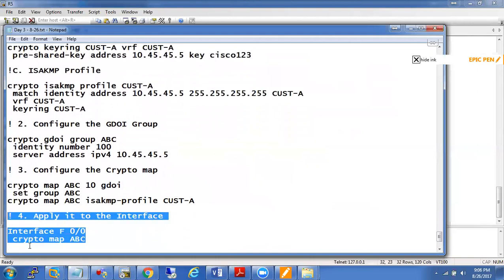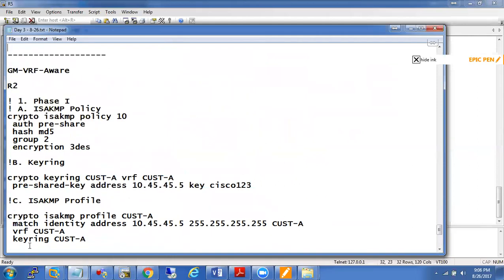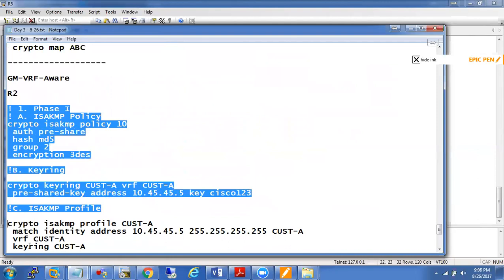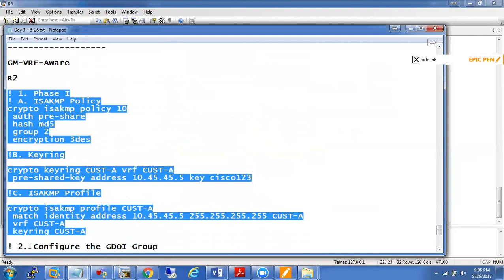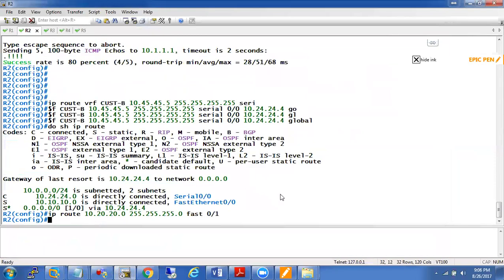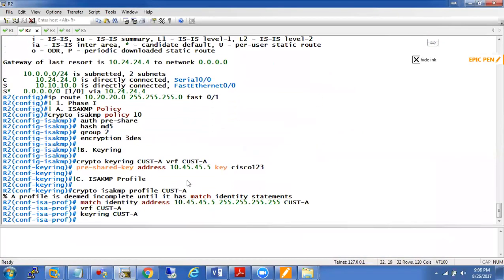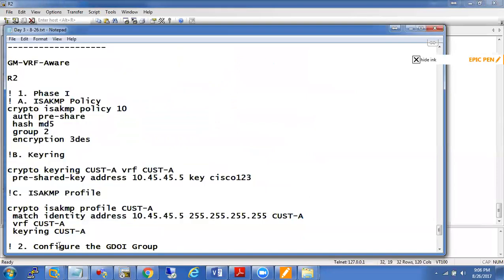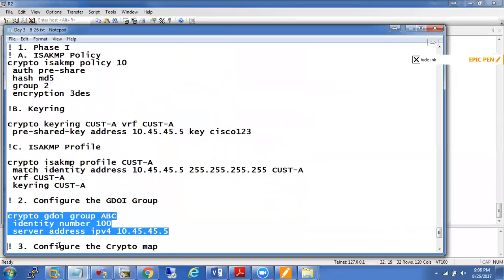So let's do it now. Let's do it one step at a time because there's a lot of moving parts in this config. Whenever you have that, you should do it slowly. Copy R2. Looks good. Then the crypto map.